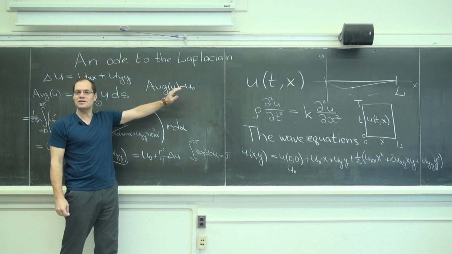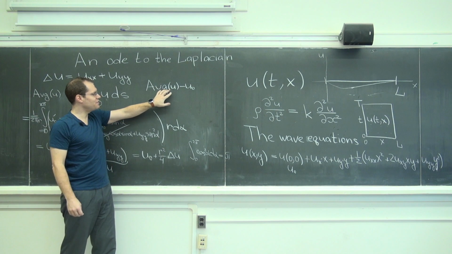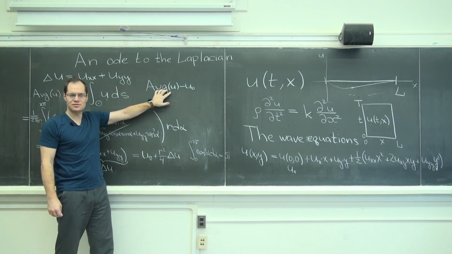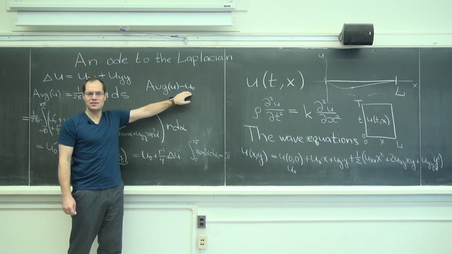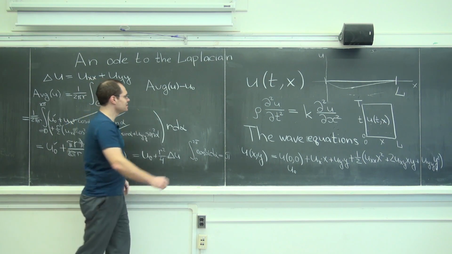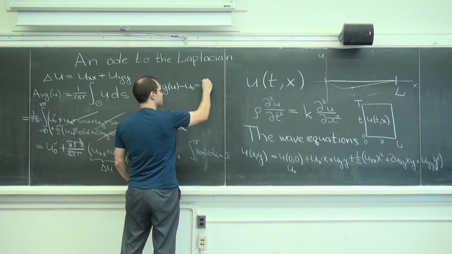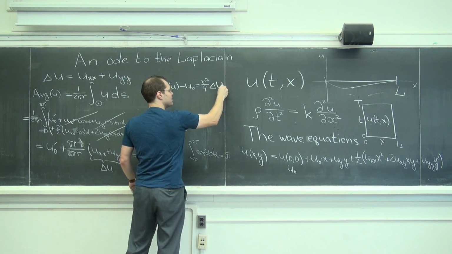So if you surround a point with a circle and you find the average of those values and you find the discrepancy from the value at the center, it is proportional, and that proportionality coefficient is r squared over 4 to the Laplacian of u.